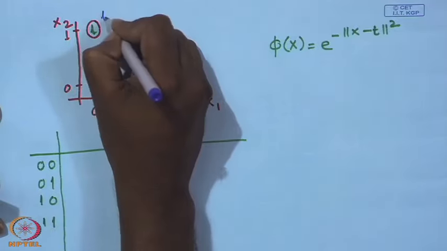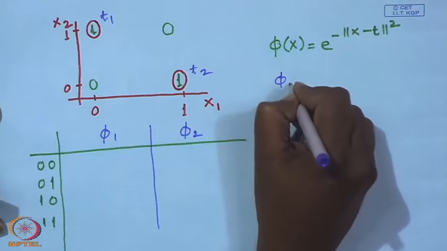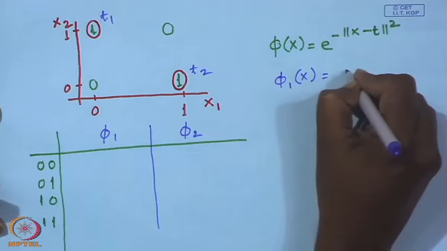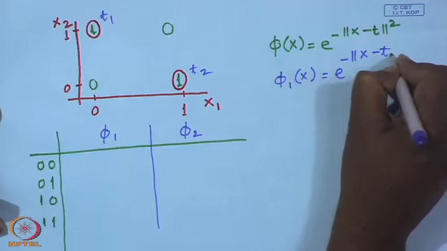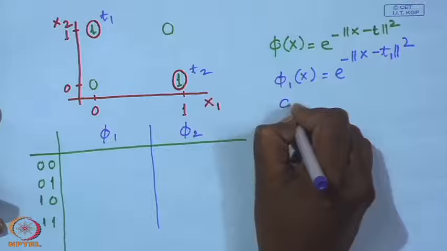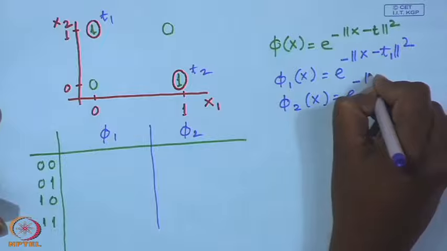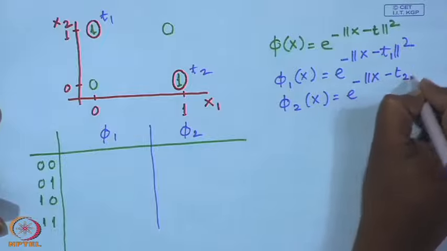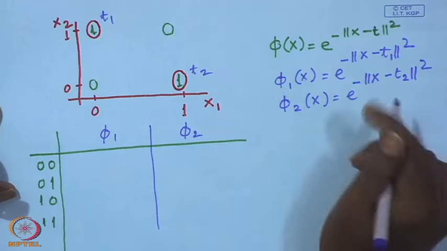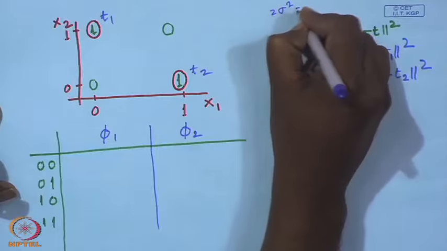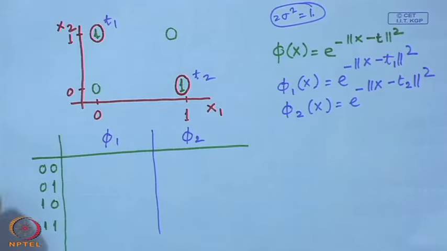So, if I say that this is my receptor T 1, and this is my receptor T 2, phi 1 x will be simply e to the power minus x minus T1 square and phi 2 x will be e to the power minus x minus T2 square. So, here you find that I assume that 2 sigma square is equal to 1. However, that does not matter for this nonlinear transformation.